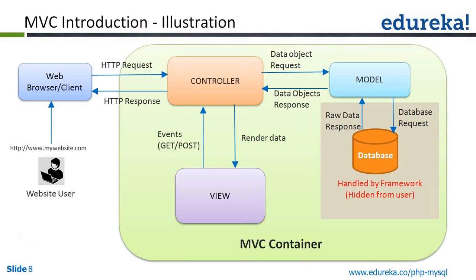So what is the purpose of MVC? To develop our web application in a well-organized, well-architectured manner, divided into different parts, and we have already discussed the advantages. Using this MVC in PHP, there are many frameworks.